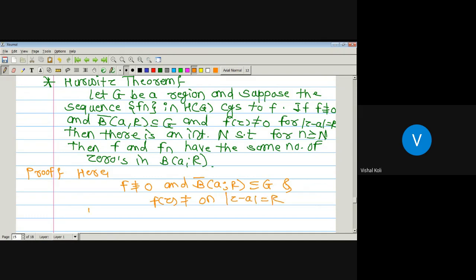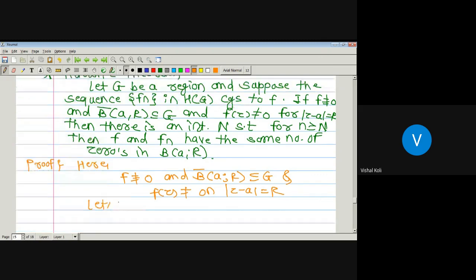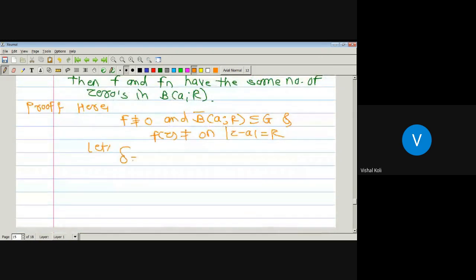So let us define delta as the minimum of modulus of f of z whenever modulus of z minus A is equal to R. Here we have to take all the values of modulus of f of z on the boundary of this circle.